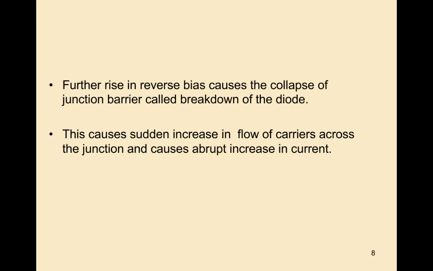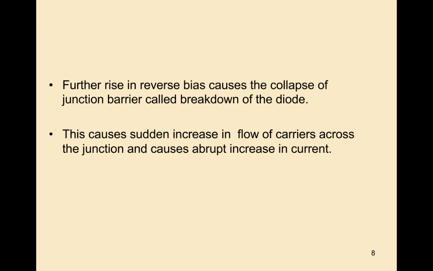So the junction barrier being collapsed means that suddenly a large current flows through the charge carriers. This current we call the abrupt current.